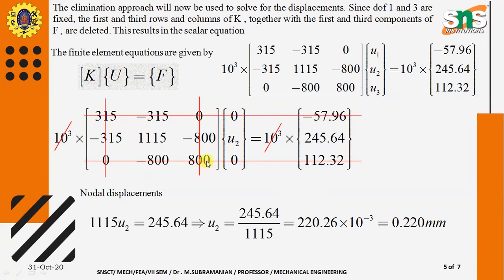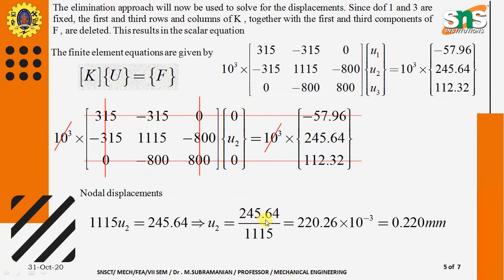Based on this elimination approach, we have to eliminate the corresponding rows and columns. The first row and first column are eliminated, then similarly the third row and third column. Then 10 power 3 is a constant on both sides, so we can eliminate it. The final simultaneous equation is 1115 u2 equal to 245.64.